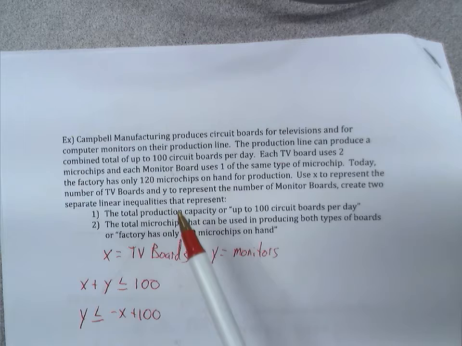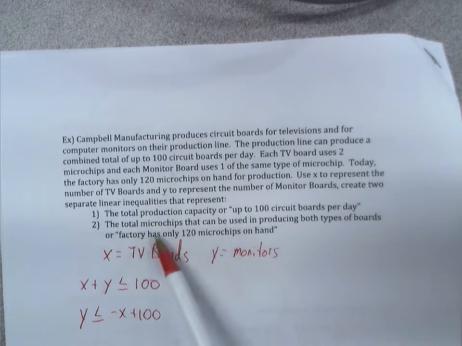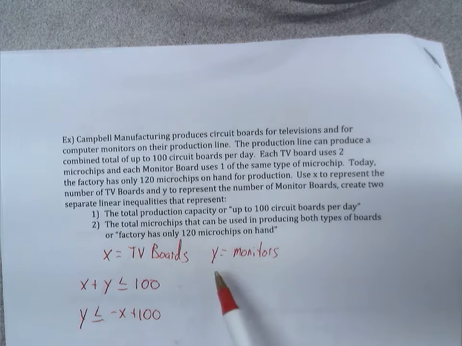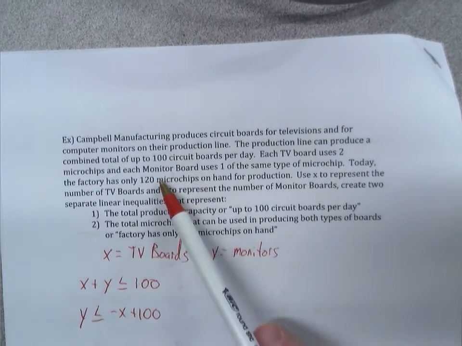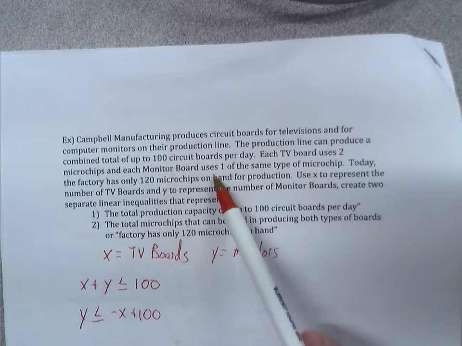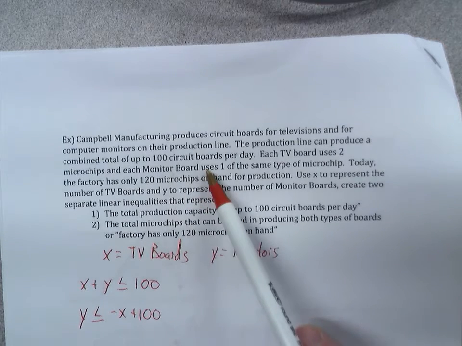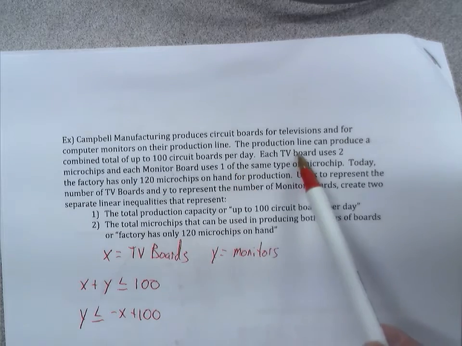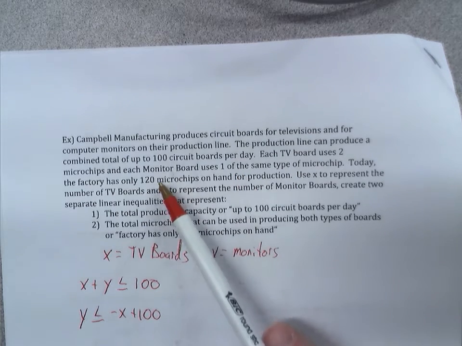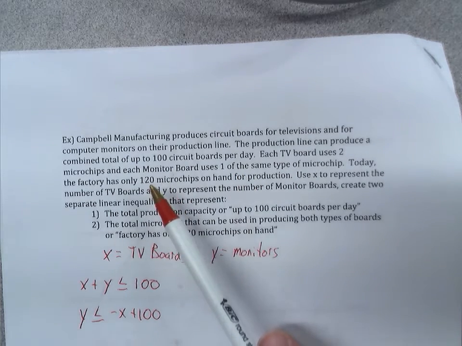So if we're looking at that from the perspective of the total microchips that can be used, if the factory only has 120 microchips, let's think about what we're talking about here. Monitor board uses 1 of the same type of microchip. TV board uses 2 of the same type of microchip.